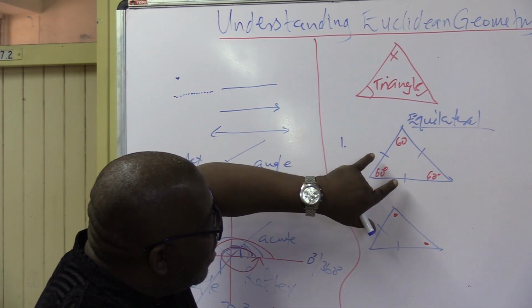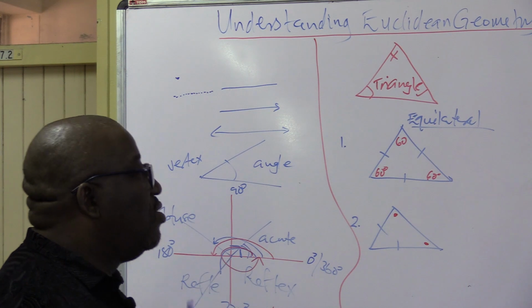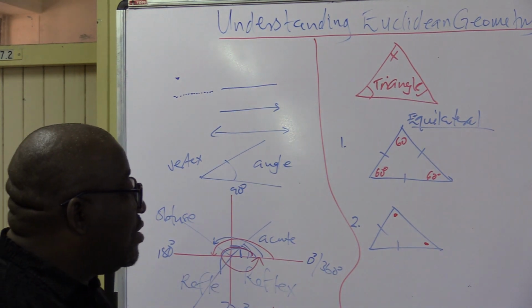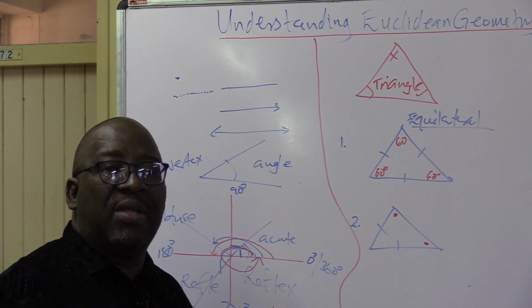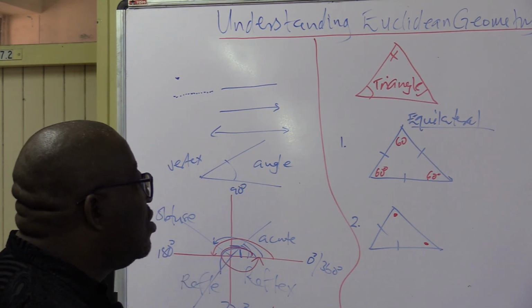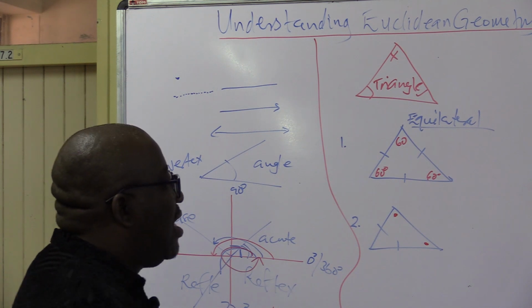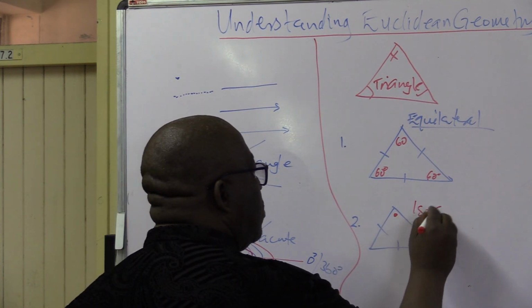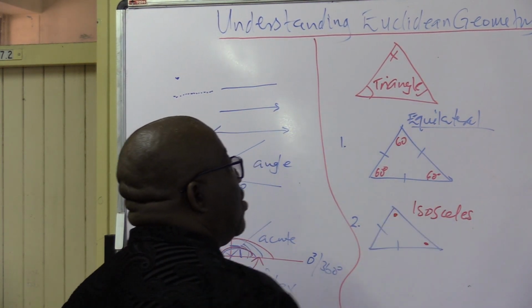If these sides are equal, those angles will be equal. You can use your fingers to make life easier. So angles opposite equal sides are equal. That's another theorem that you apply in your grade 12 maths. So we know that this is called an isosceles triangle. So that's the second one.